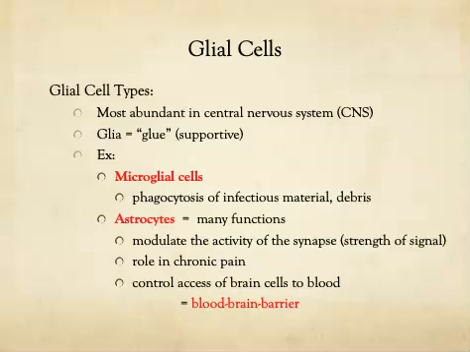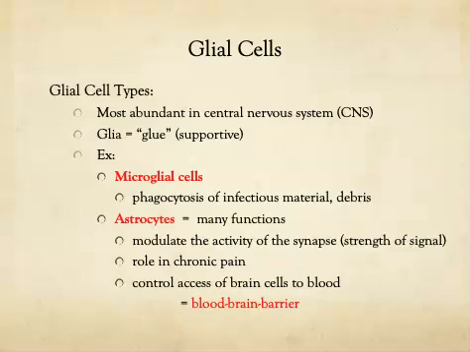Now, we haven't talked about synapses yet, but for now, think of a synapse as just being a connection point between two neurons or between a neuron and another type of cell. So astrocytes are going to help modulate what's happening at that connection point, and they're going to alter or influence the strength of the signal that is being sent from one cell to the other at a synapse.